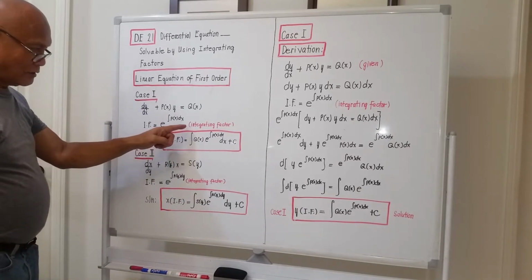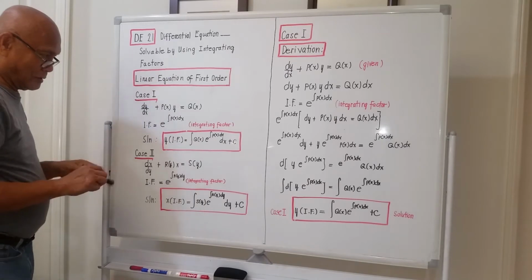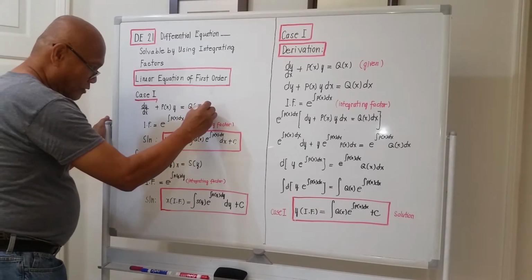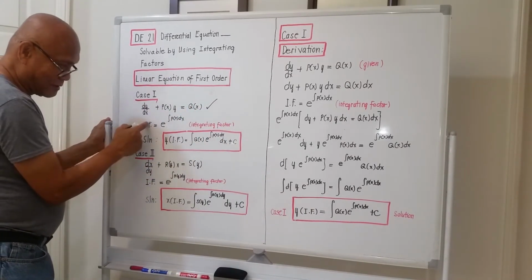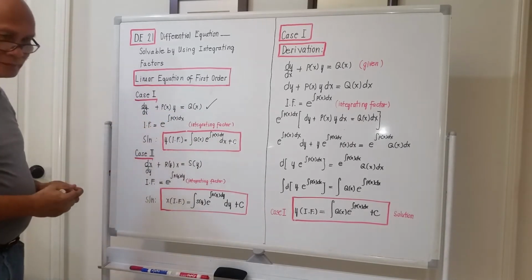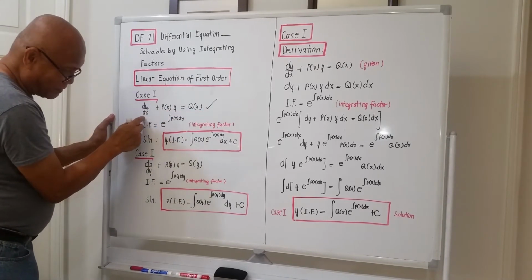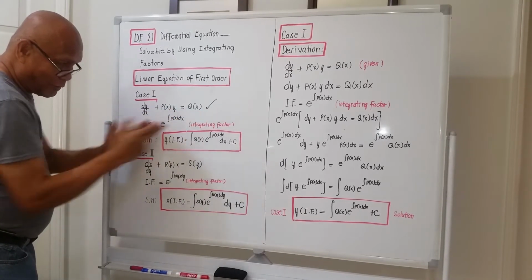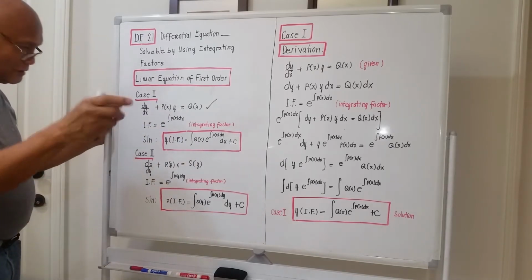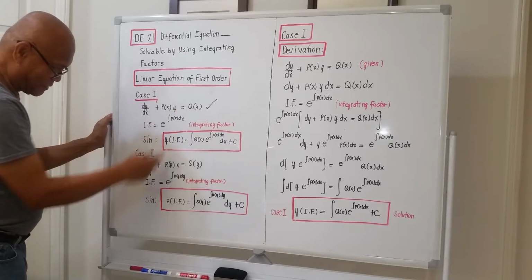That is the complete exponent, and that is the integrating factor for case number 1. If the given equation is dy/dx plus p of x times y equal to q of x, the integrating factor is e raised to the integral of p of x dx.